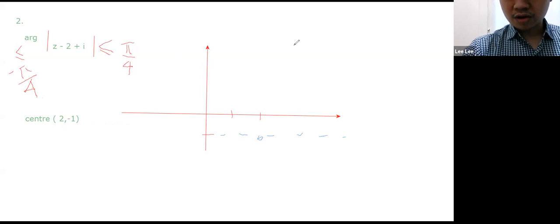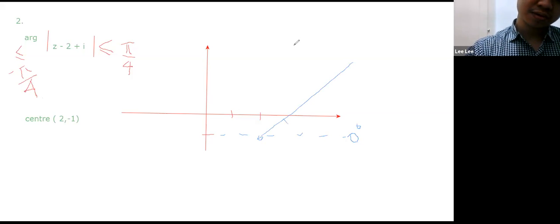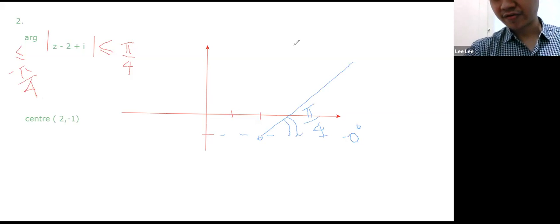This one is our 0 marking line now, 0 degree or 0 radian. So 45 degrees, just measure. So how do I go with negative pi over 4?